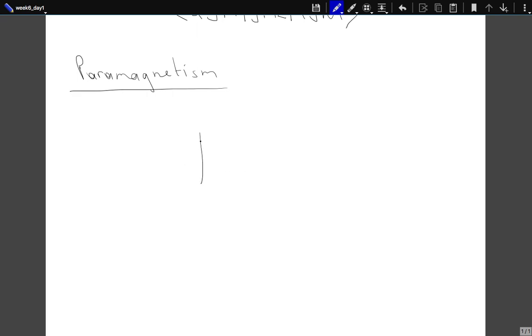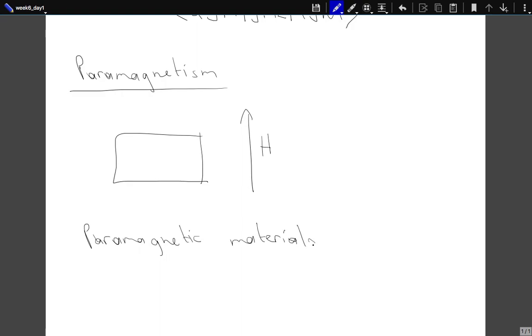If you have any material, put it in a magnetic field, then the material becomes magnetized. There is the paramagnetism, there is the diamagnetism. We have paramagnetic materials. Diamagnetic materials. And ferromagnetic materials.